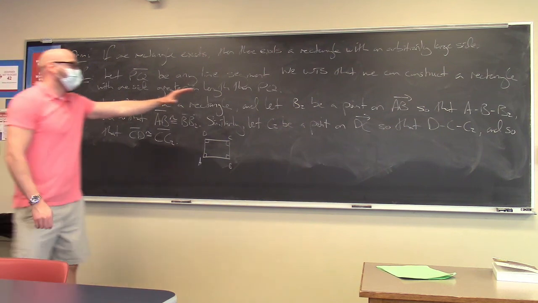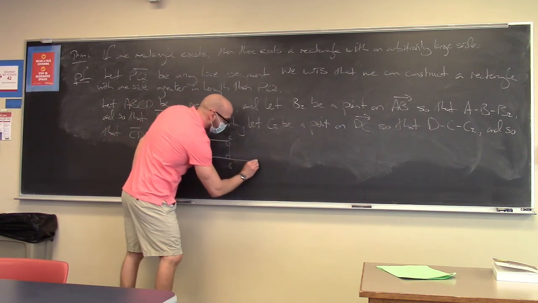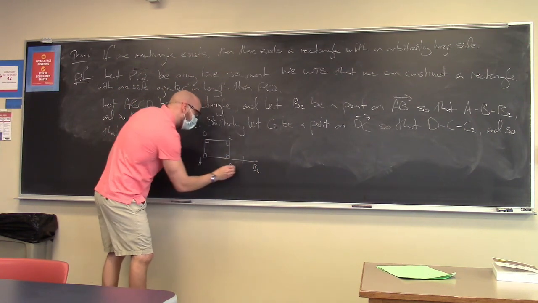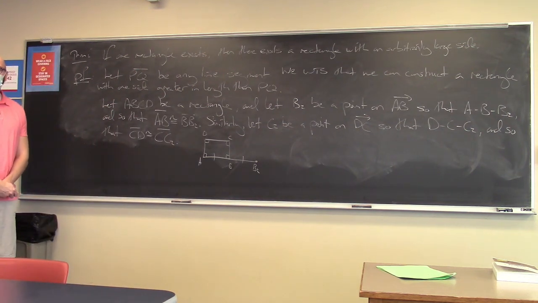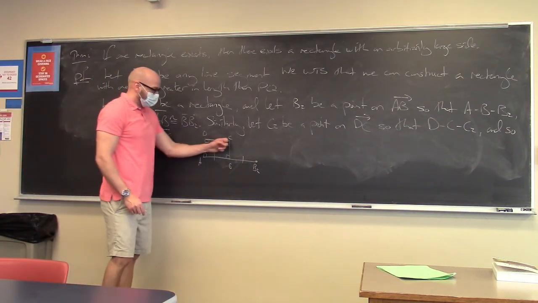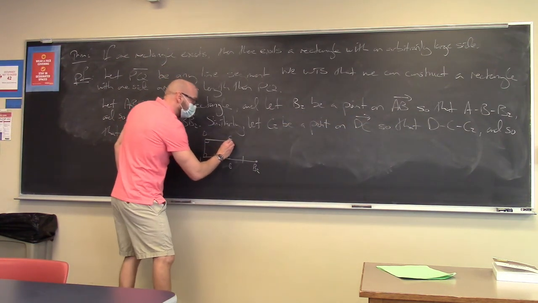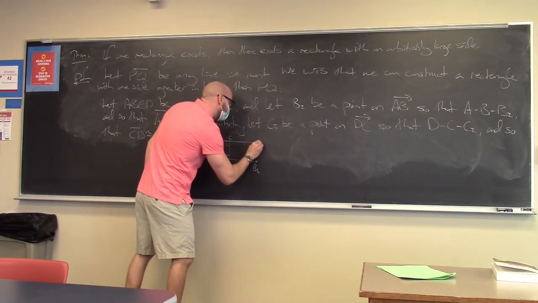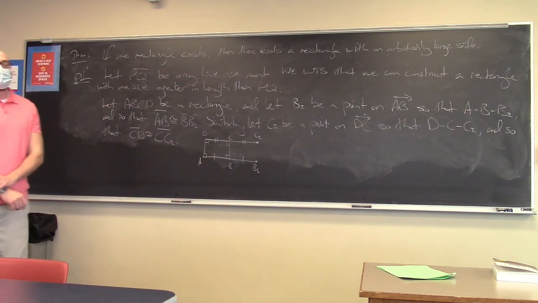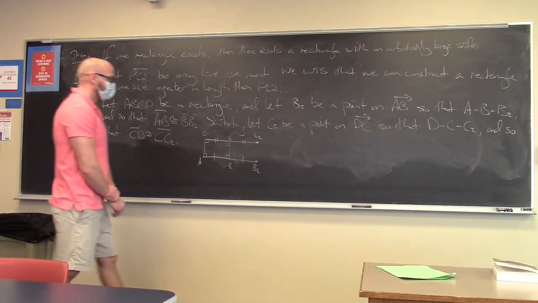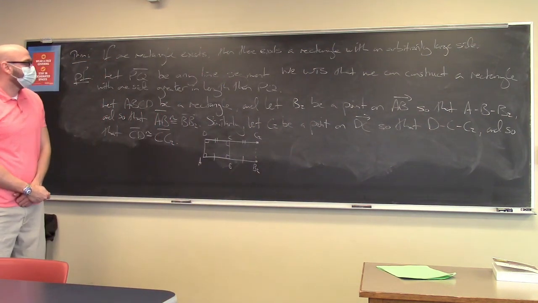We'll look at the extended ray AB, and find a point on this ray, B2, so that B2 is the same distance from B as A is. And then we did the same thing up top. We took the ray DC, extended it in the direction of C, and chose a point on this ray, C2, that's the same distance from C as D is. And how about we just draw in C2 and B2.